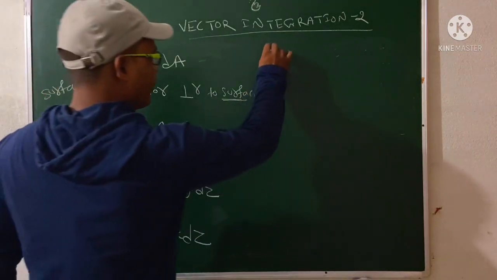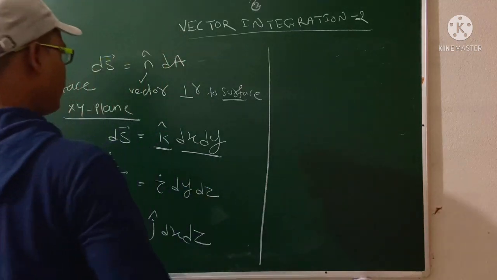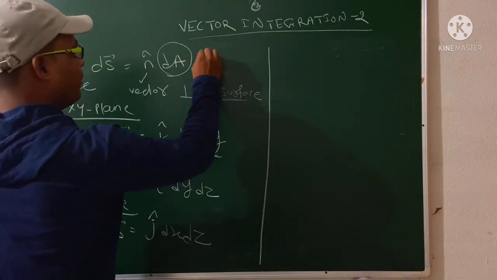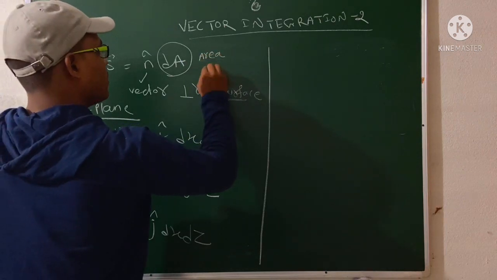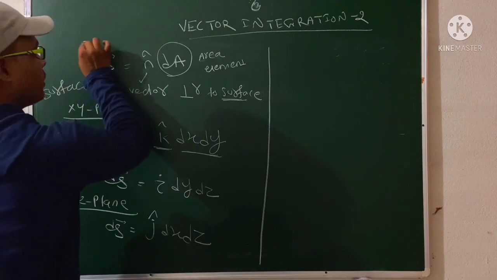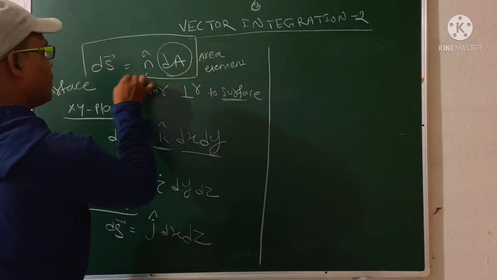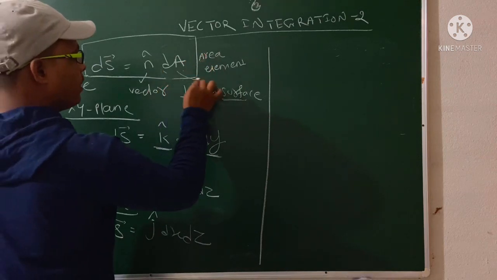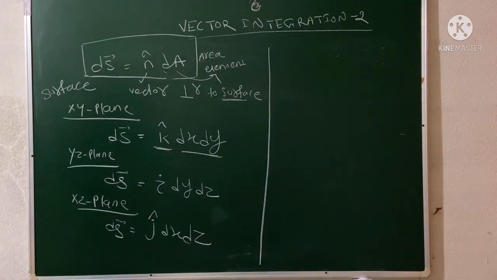Now dA is the area element. So this is my dS vector, that is n cap into dA. Remember the n cap is always perpendicular to the surface.